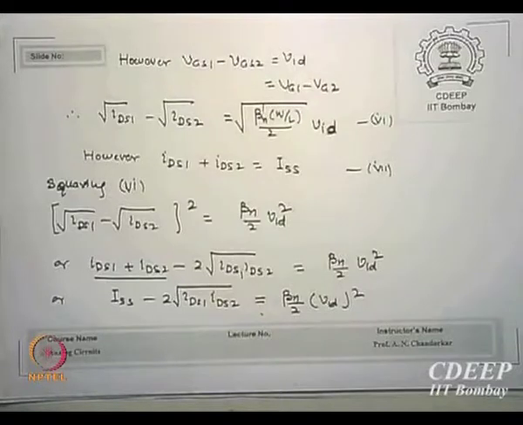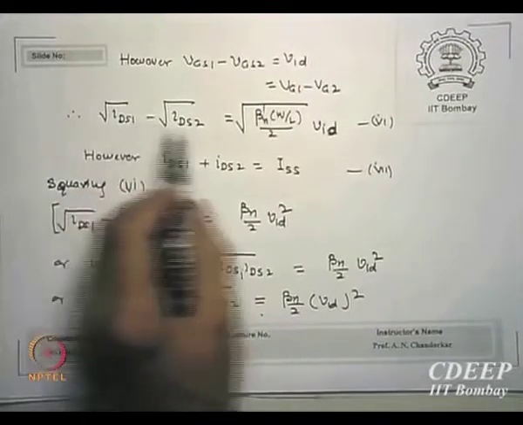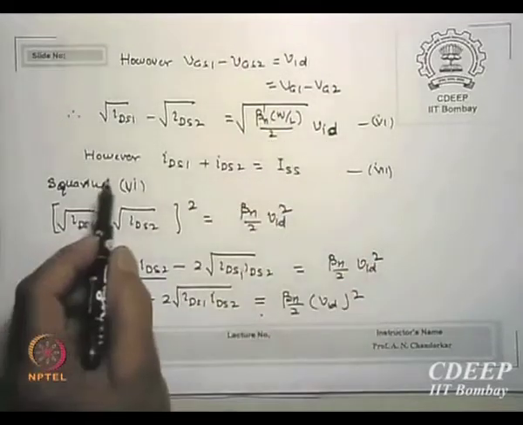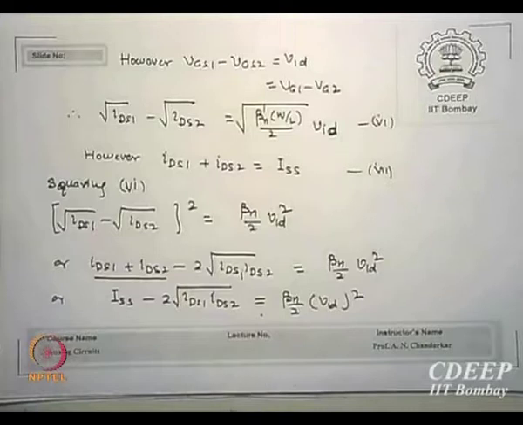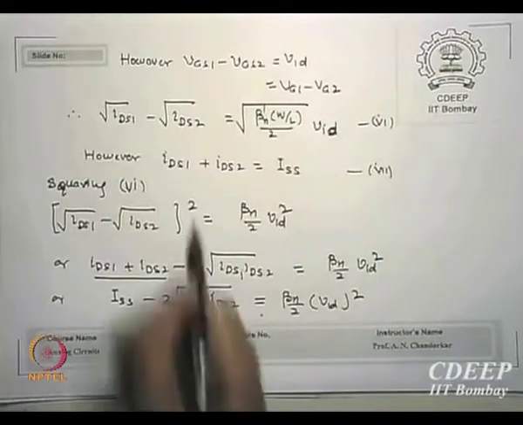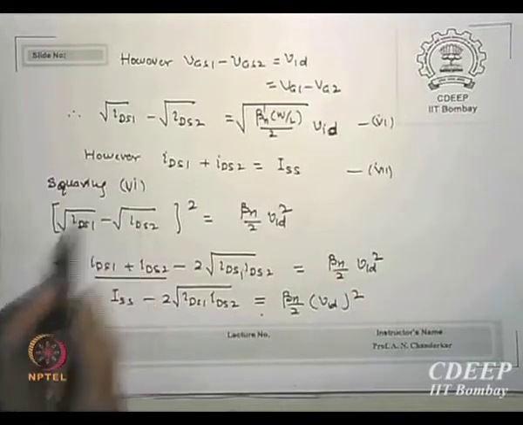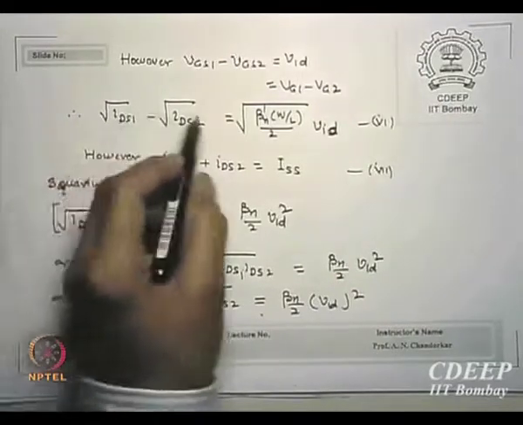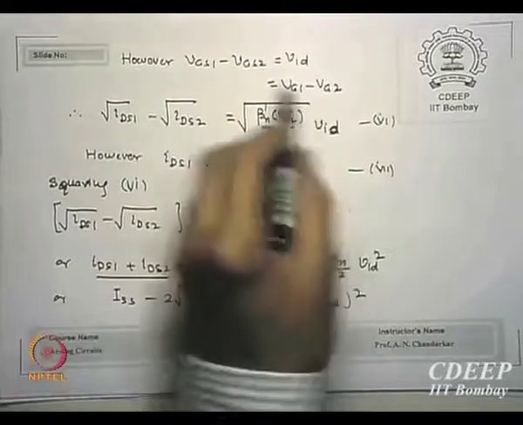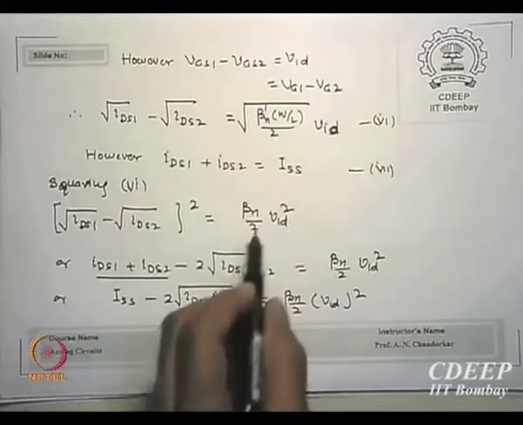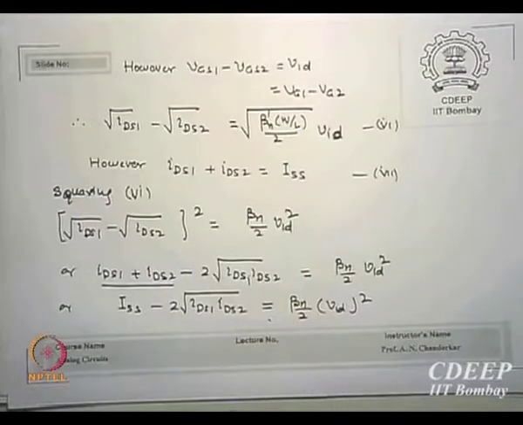DC is cancelling. So the difference of square roots of IDS1 and IDS2 is square root of beta n dash W by L times VID. However, we know the net current is ISS. So IDS1 plus IDS2 is ISS. Squaring, now this term I square, so I get beta n by 2, W by L introduced inside beta n dash, into VID square.